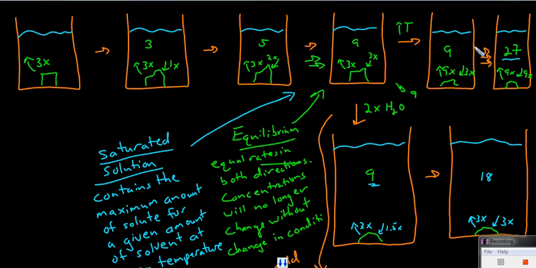Yes, it should multiply by 3 times, so that now, instead of having 3 crystallizations, we have 9, the same amount as those dissolving. And so we reach a point of saturated solution again. We can see that increasing the temperature will increase the amount of solute dissolved. So generally, for solids, you increase the temperature, you increase the amount of solute that can dissolve. This is the case for solids, but it's actually opposite case for gases, which we'll talk about later.